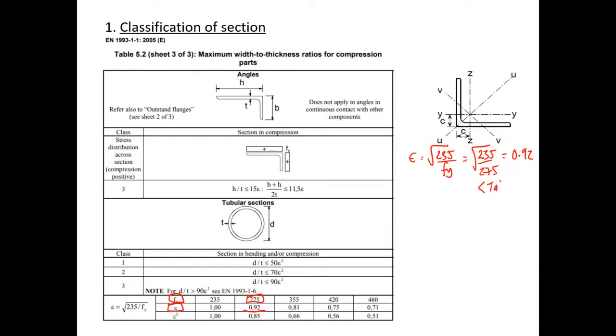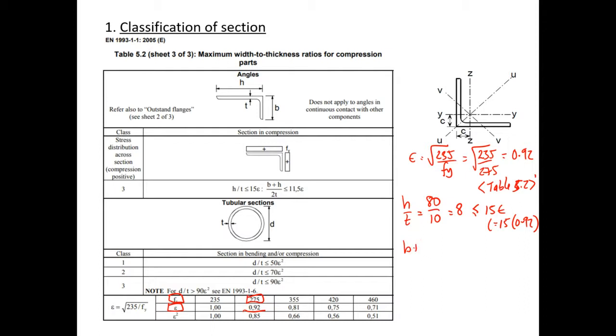That's table 5.2. Okay, so h over t, where height is 80 millimeters and thickness is 10 millimeters, is 8. And that's less than or equal to 15 times epsilon, which is 15 times 0.92.